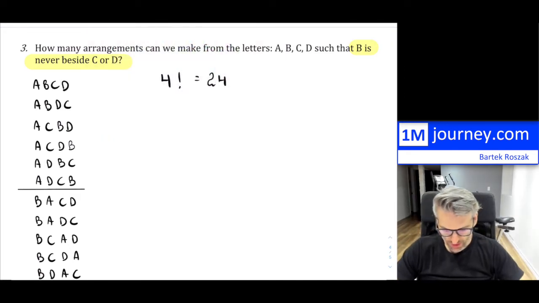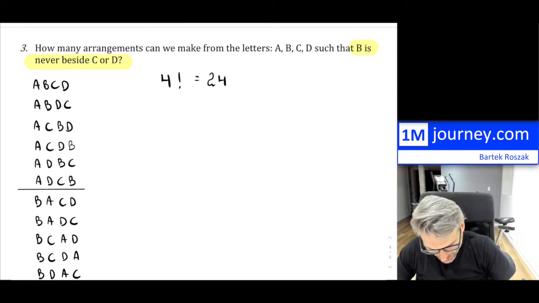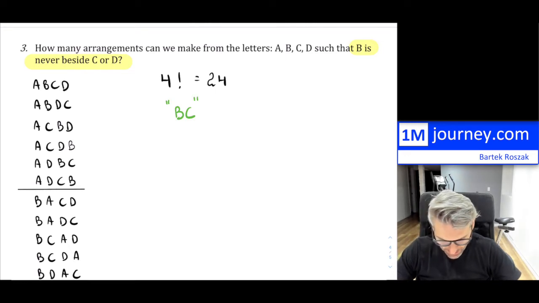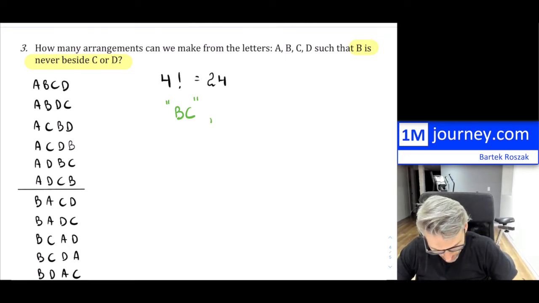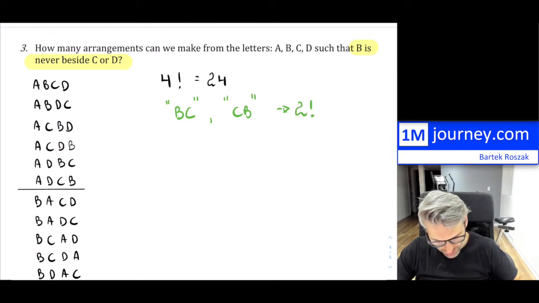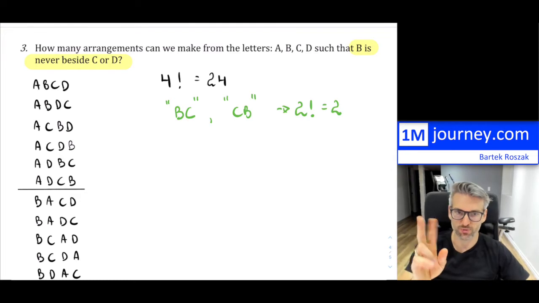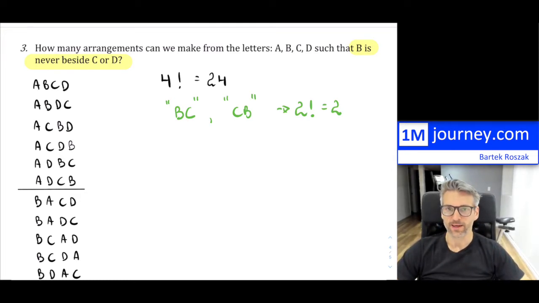We're going to first find out when B is actually beside C. This can happen either as BC or CB, so 2 factorial ways, or just 2 ways. Now we can just swap these.